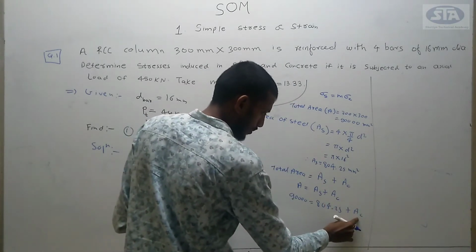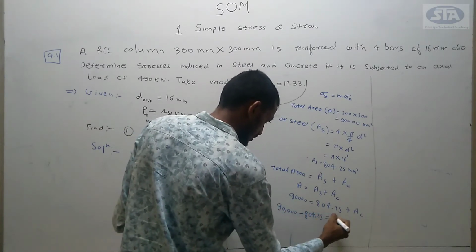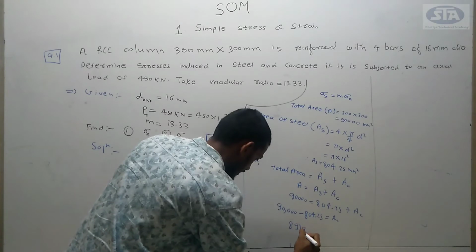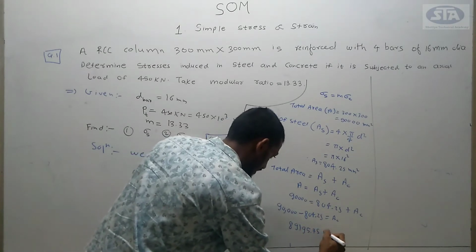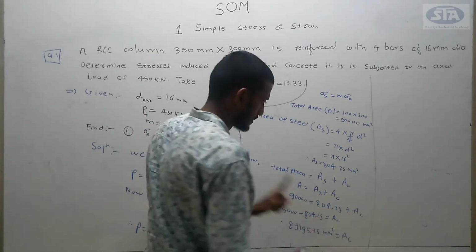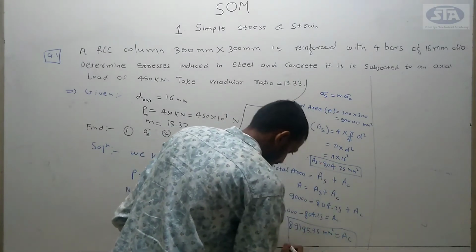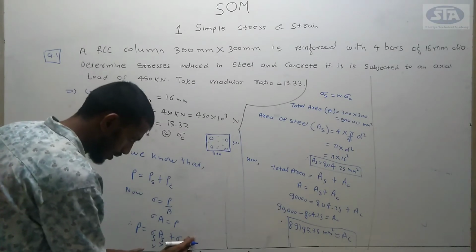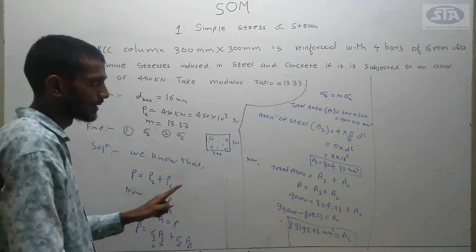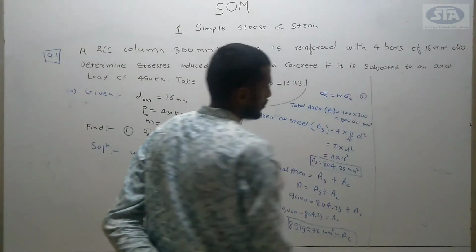Area of concrete is 90,000 minus 804.25, which gives 89195.75 mm square. So we have the area of steel and the area of concrete, and we have to find the stresses in steel and concrete. Let us call this equation number 1 and this equation number 2.